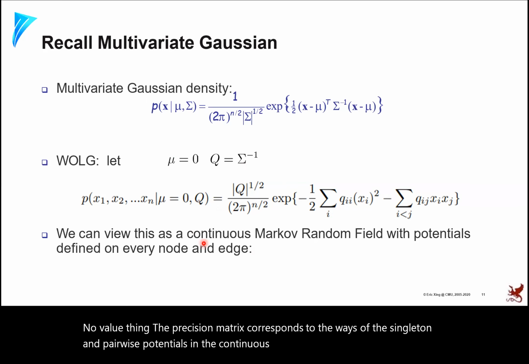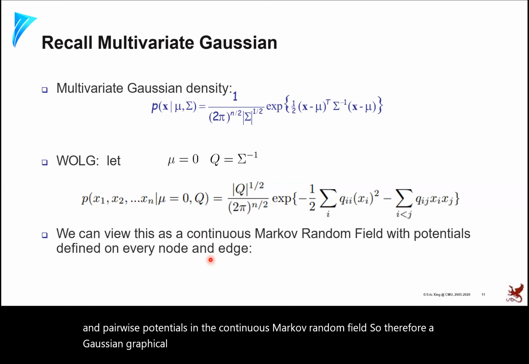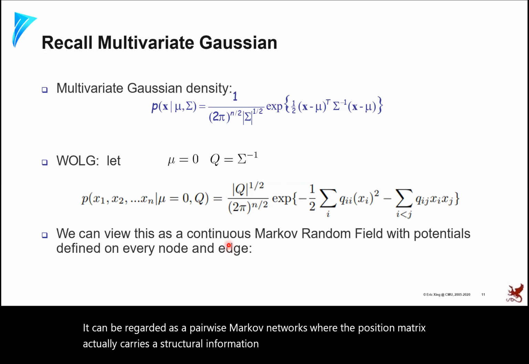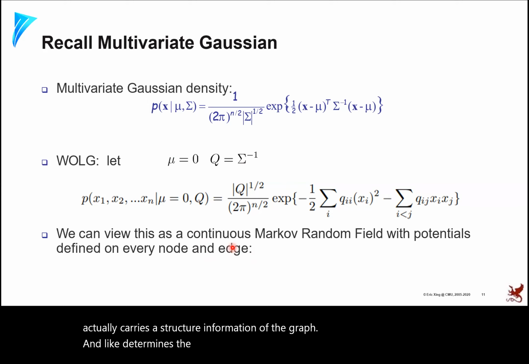So therefore, Gaussian graphical models can be regarded as pairwise Markov networks where the precision matrix actually carries the structural information of the graph, and determines the conditional independencies and the partial correlations.